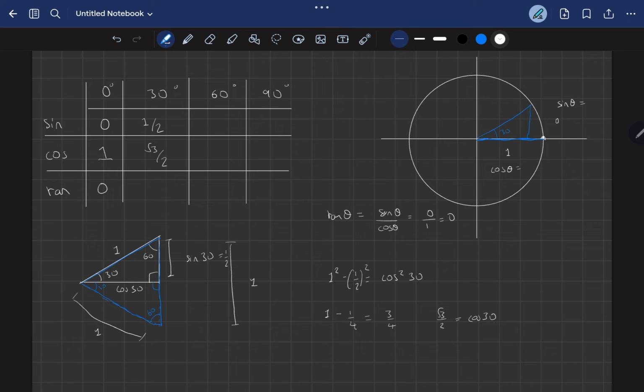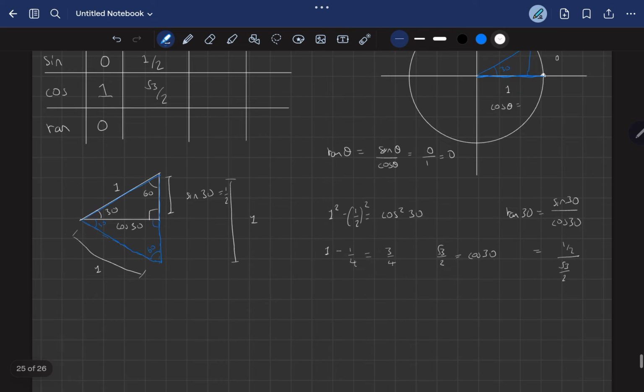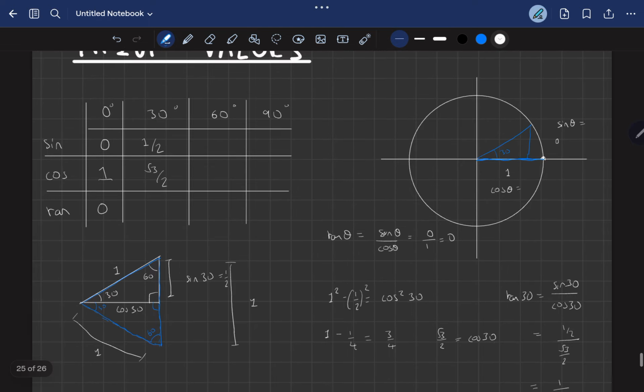Now again, remember, tan 30 is just sine 30 over cos 30. So this is equal to 1 over 2 over root 3 over 2. You times top and bottom by 2, you get 1 over root 3. And if you rationalize the denominator, you get root 3 over 3. So tan 30 is just root 3 over 3.